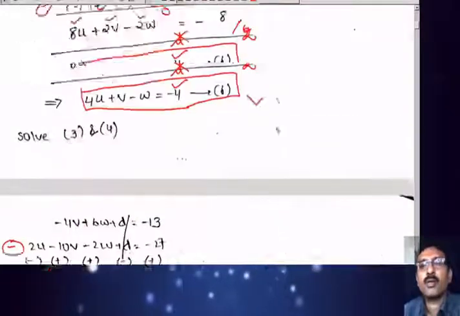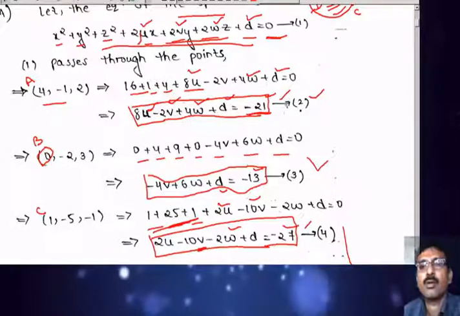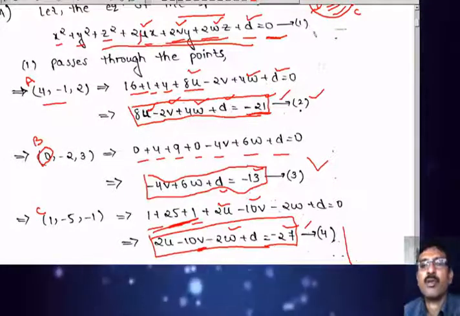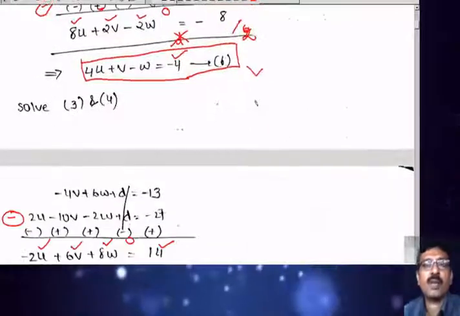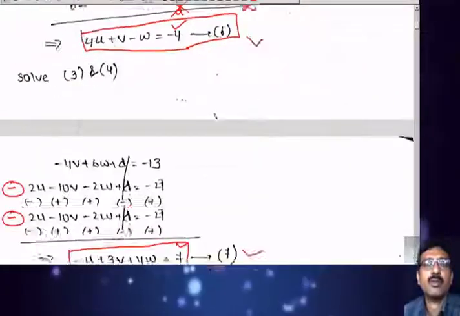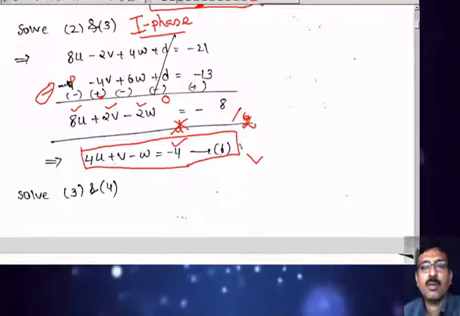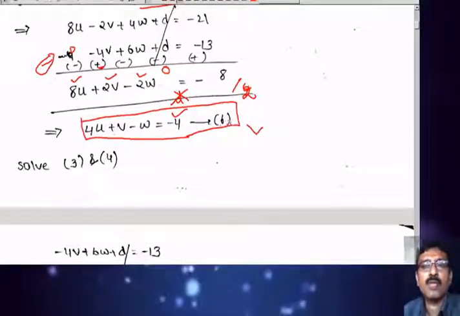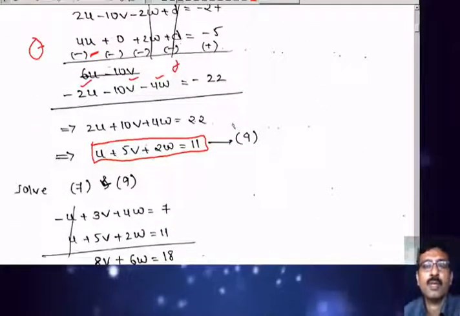Here we don't take the first and 5 equations. Why? Because these 3 equations are enough. In phase 1 we have this equation where d is absent, this equation d absent, this equation d absent.